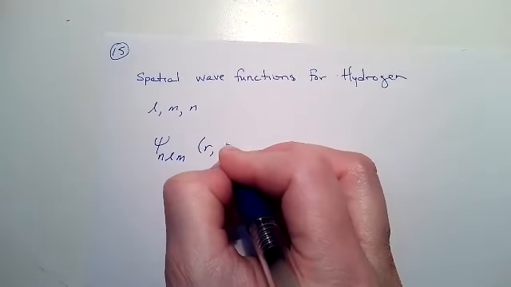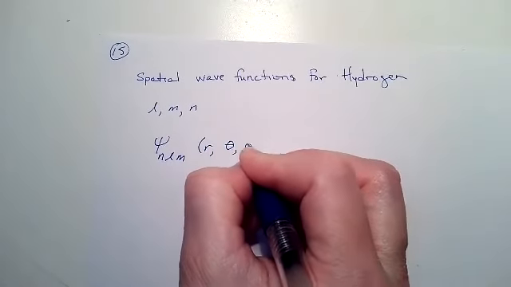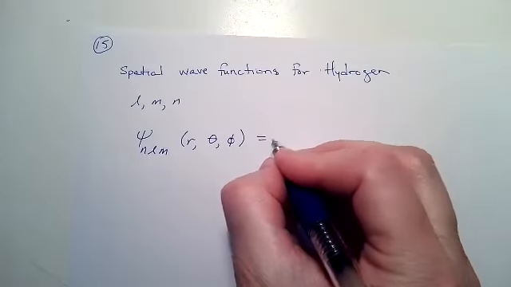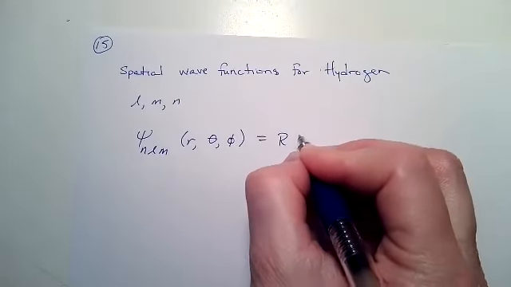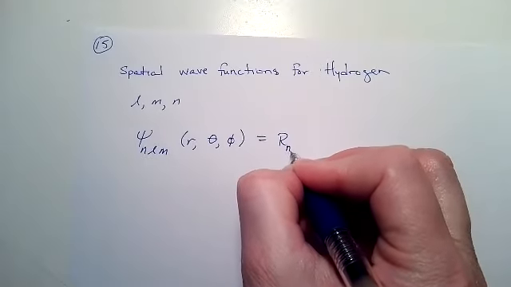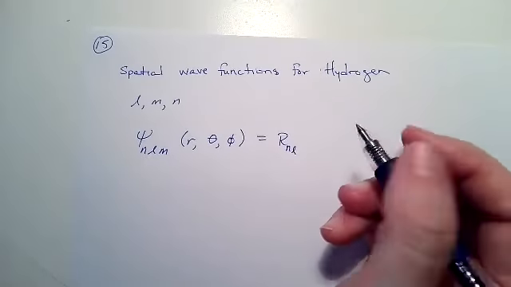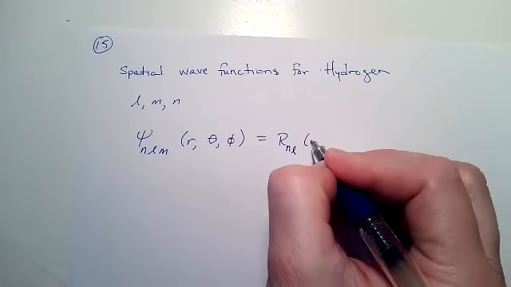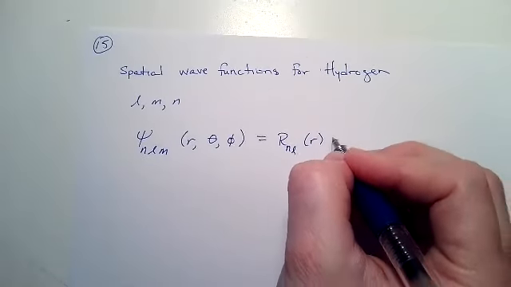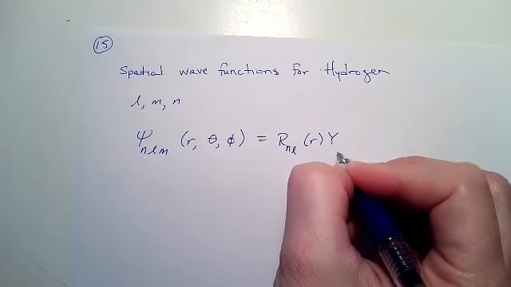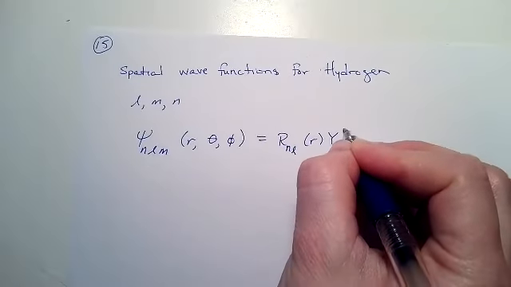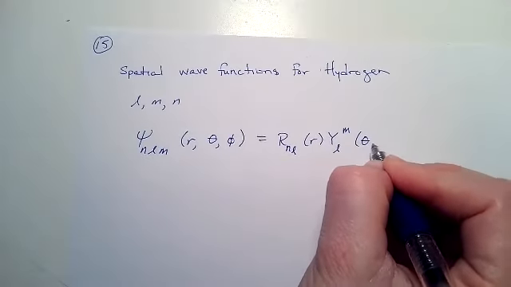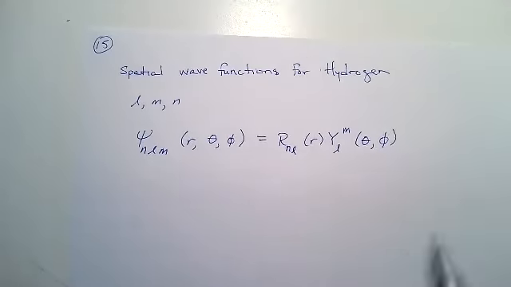We're still in spherical coordinates, so we'll label that. We've got our radial solution that we need both n and l to help us describe. And we have our angular solution, which we've already solved for. We need both l and m to help us describe. And that's a function of theta and phi.